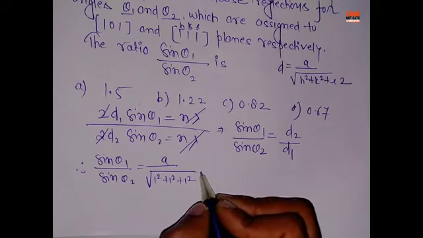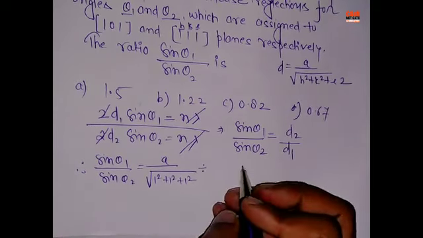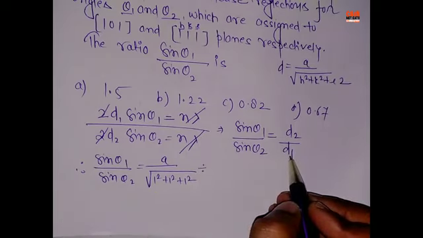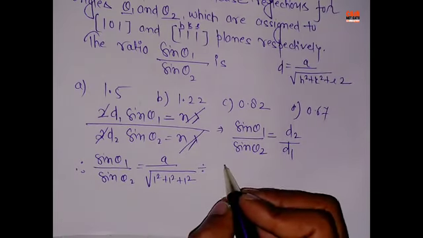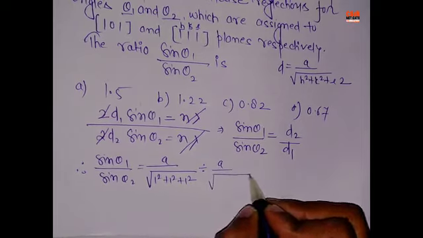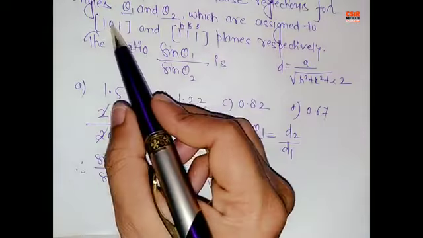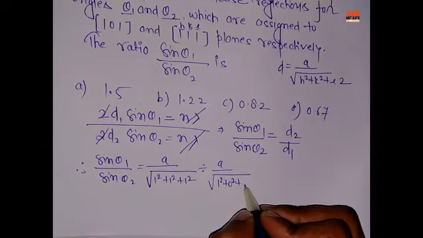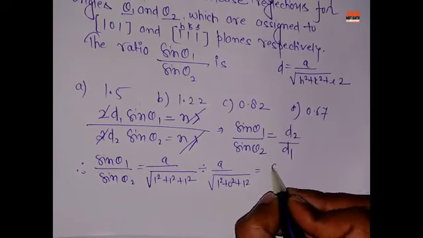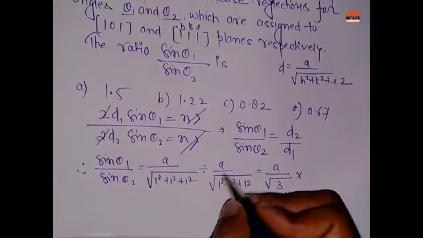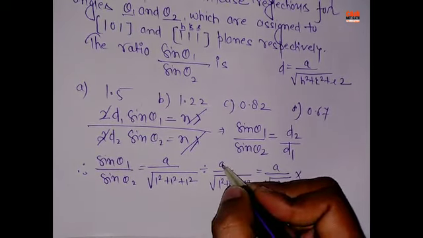And this is divided by, for sine theta 2, we have d1. So again d1 is a upon root of the HKL value, 1 square plus 0 square plus 1 square. So it will become a upon root 3, and this will be reciprocated.